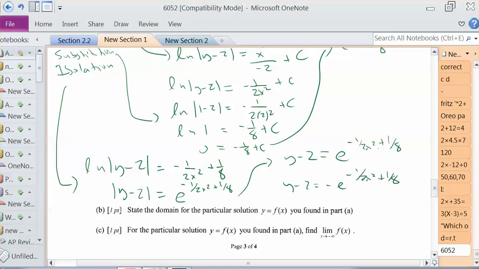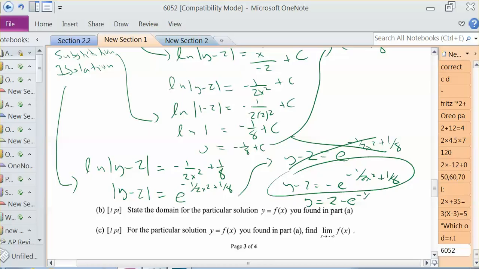If you plug in 2 for x and 1 for y, you want to get a true statement. It won't be true for this one, it'll be true for this one right here. And you can just move 2 over to the other side, and now we have this isolated. And you can leave your answer like that. You don't have to really do much else with it.